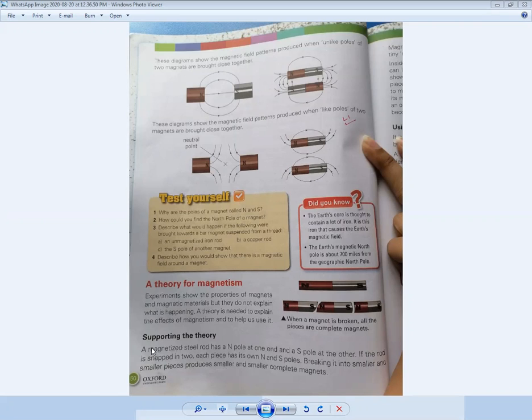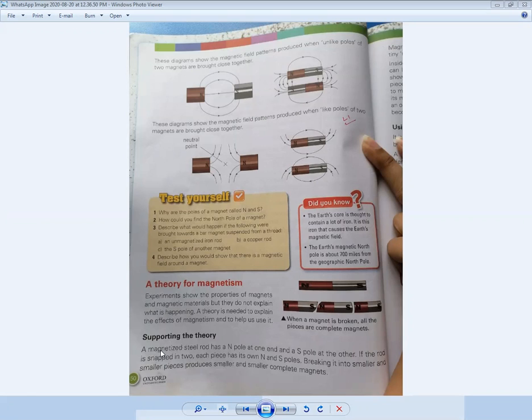So how can we support our theory? The answer is simple. Every magnet has a north pole and a south pole. If you take a magnetized steel rod, we all know this steel rod has a north pole and a south pole inside it.